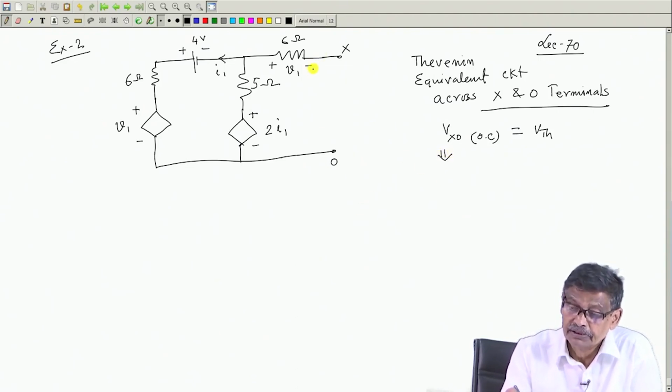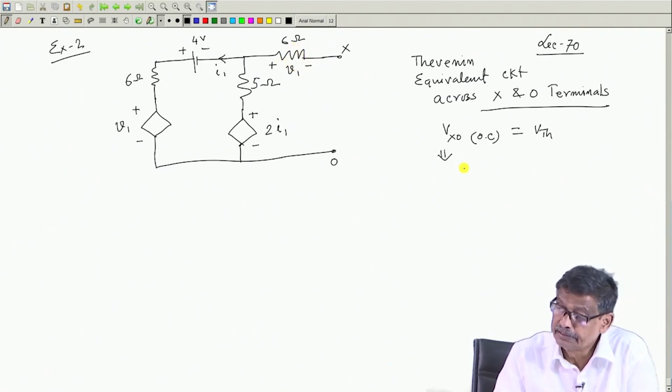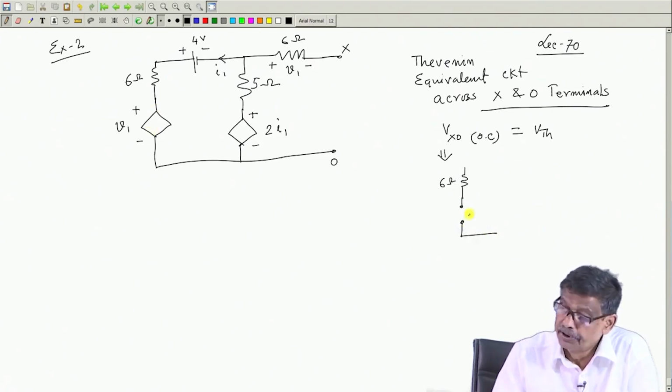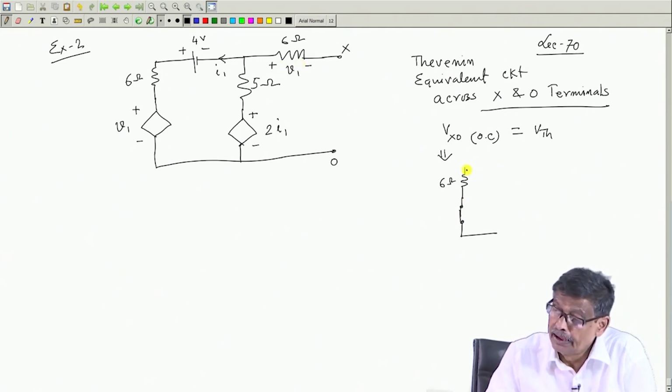If that be the case, then to calculate V Thevenin, this current being 0, there is no voltage drop across 6 ohm. This network will then look like 6 ohm here, and between these 2 points it should be shorted, because V 1 is 0, and here is a 4 volt source.